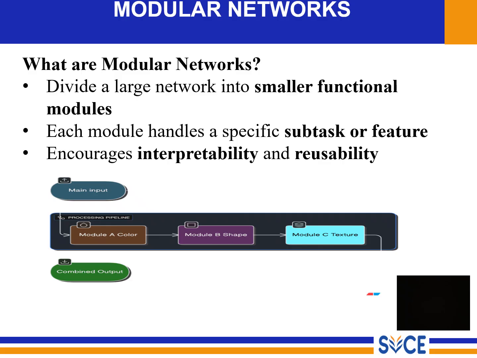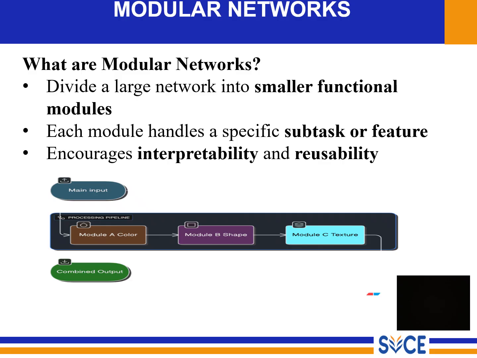So instead of one huge deep network doing everything, we break it down into smaller parts, so-called modules. Each module focuses on one specific job or feature. If you are designing an AI for a self-driving car, one module could detect lanes, another detect pedestrians, another decide whether to accelerate or stop.